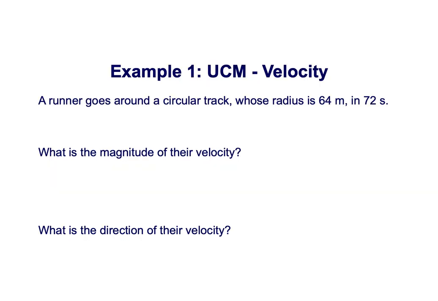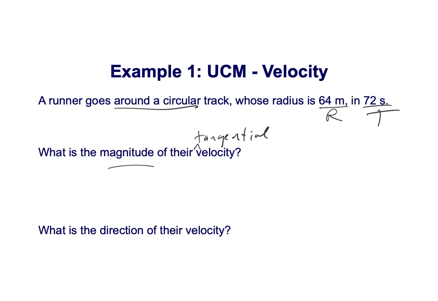Okay, so let's do some problems. Radius is 64 meters. He goes around once in 72 seconds, so that's the period. What's the size of their tangential speed? The magnitude of the tangential velocity would be the tangential speed.